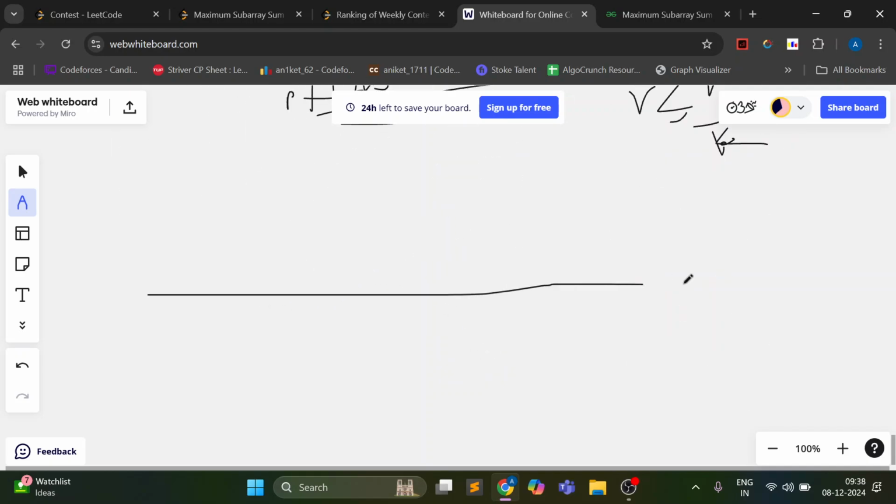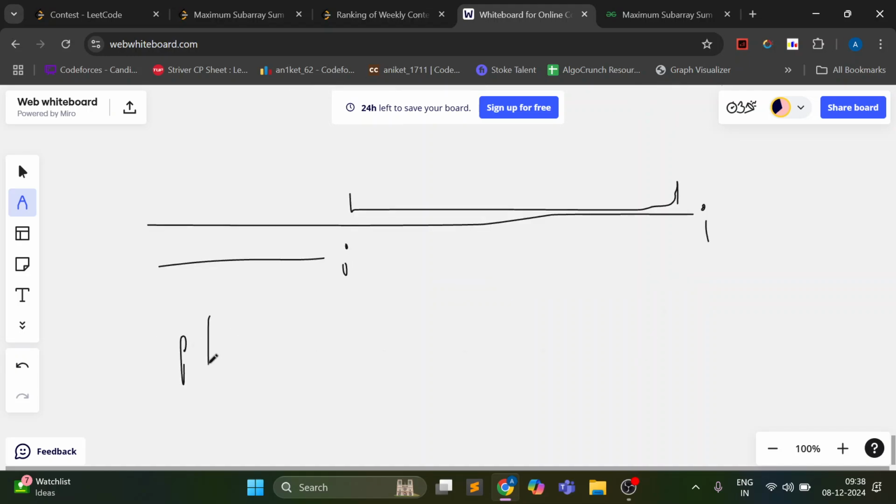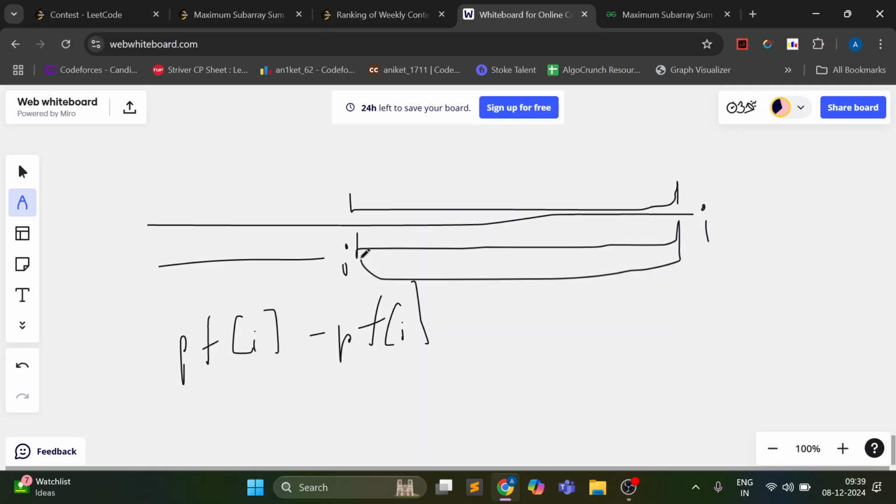So let's say you have a prefix sum till i and you have a prefix sum till j. You have to find the sum of these elements. What will you do? You will take the prefix sum till i and subtract the prefix sum till j. So now you will have the sum of all the elements after j up to i.